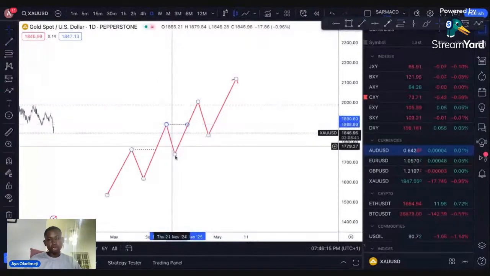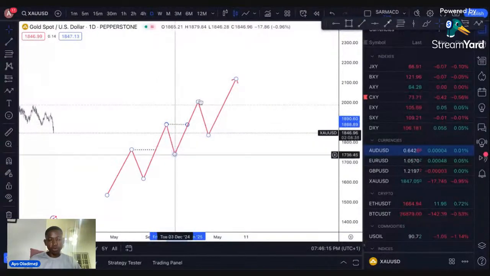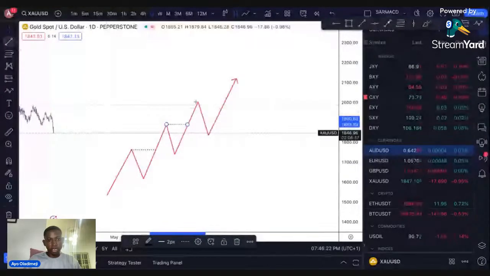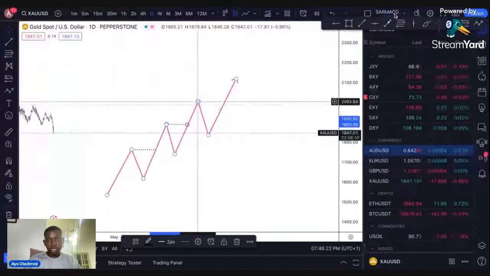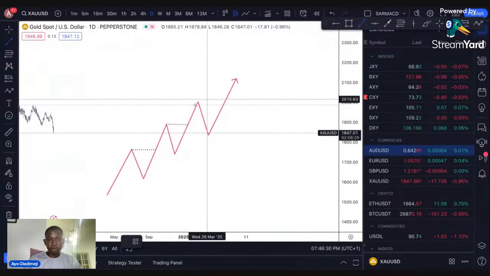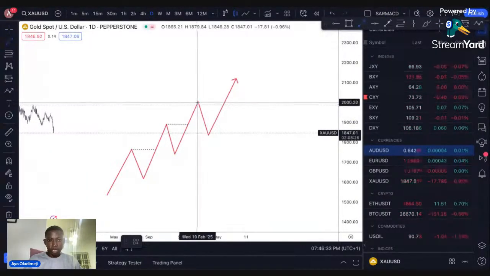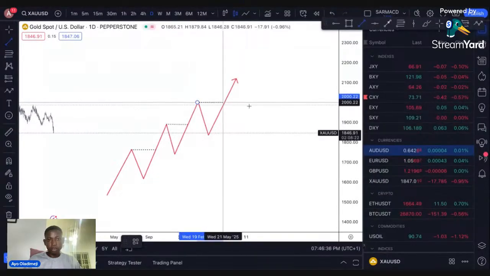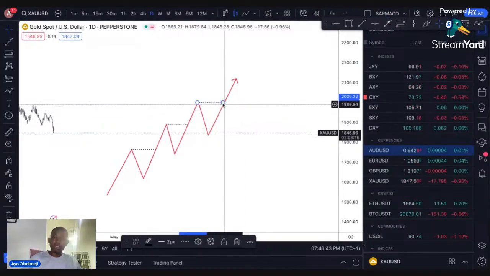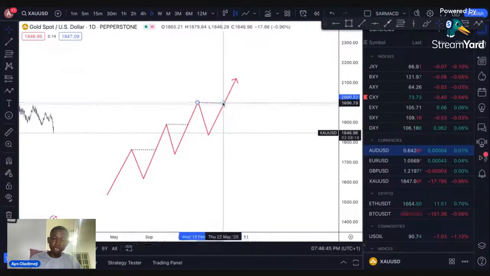And then the market went up. So what you see in an uptrend is that a bullish impulse keeps breaking the previous high.